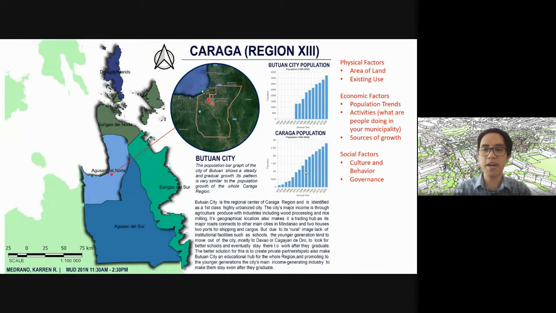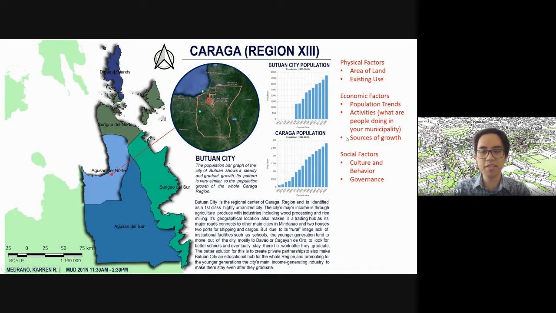One thing I want to highlight is, if you ever come across a project or you join a group where you notice that the regional or the municipal numbers don't align, then it's very clear that, for example, if everything in Caraga is increasing but Butuan City is decreasing, then it's very obvious that people are leaving Butuan City.